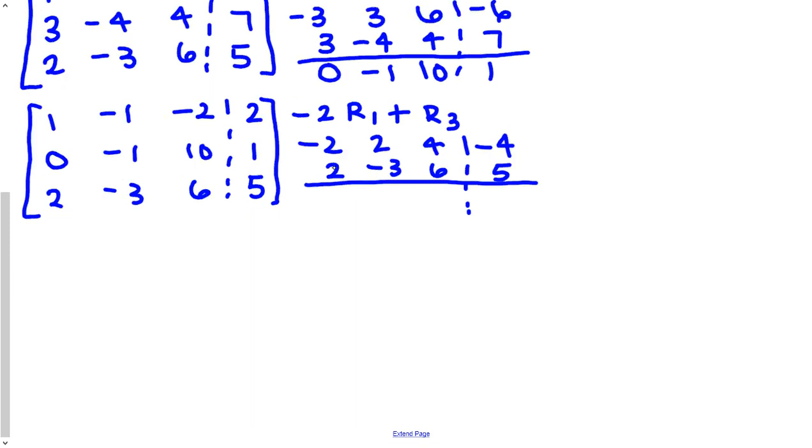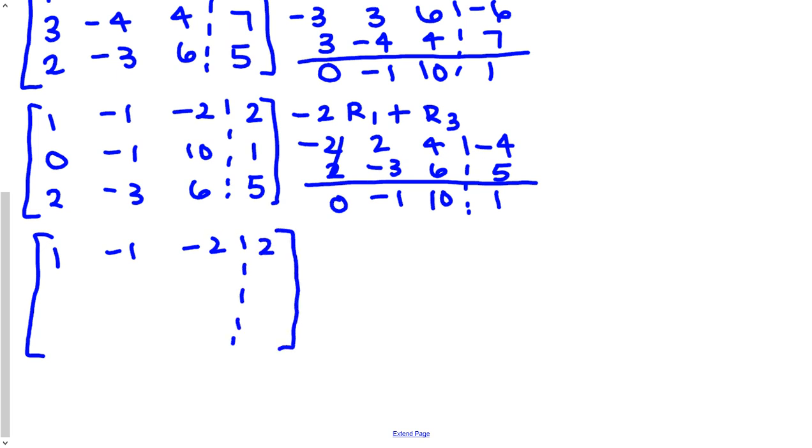Add them up. Negative 2 and 2 cancel, 0. 2 minus 3, negative 1. 6 and 4, 10. 5 minus 4, 1. So now let's go ahead and place that into our row 3.